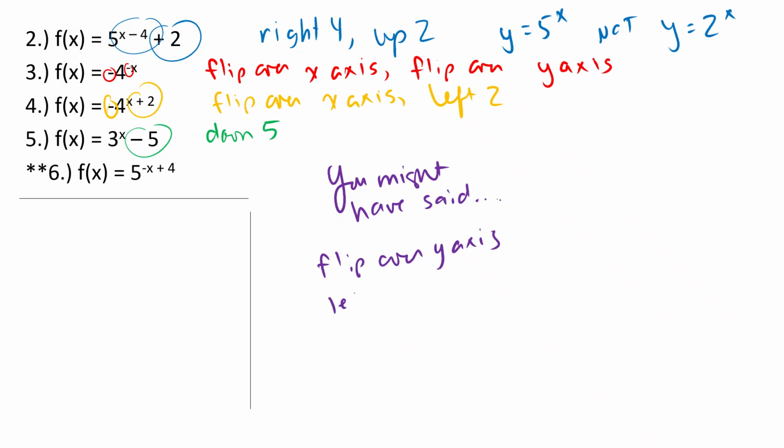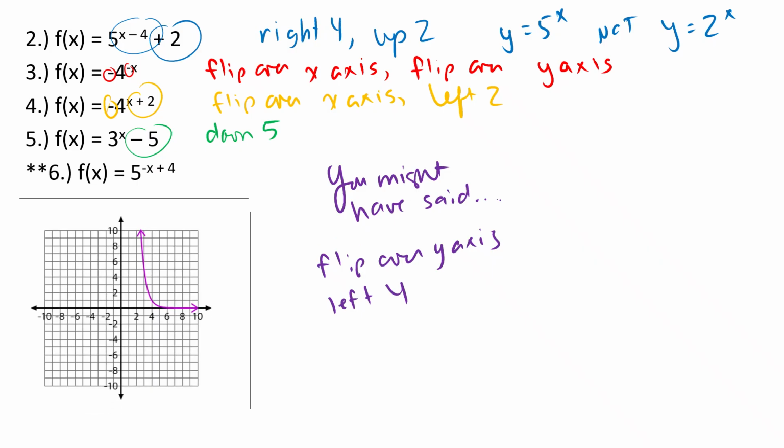And then you might have said it goes left 4 because adding a 4 should make it go left 4. And then you go to graph it. So here we go. And we think that is not what we wanted.